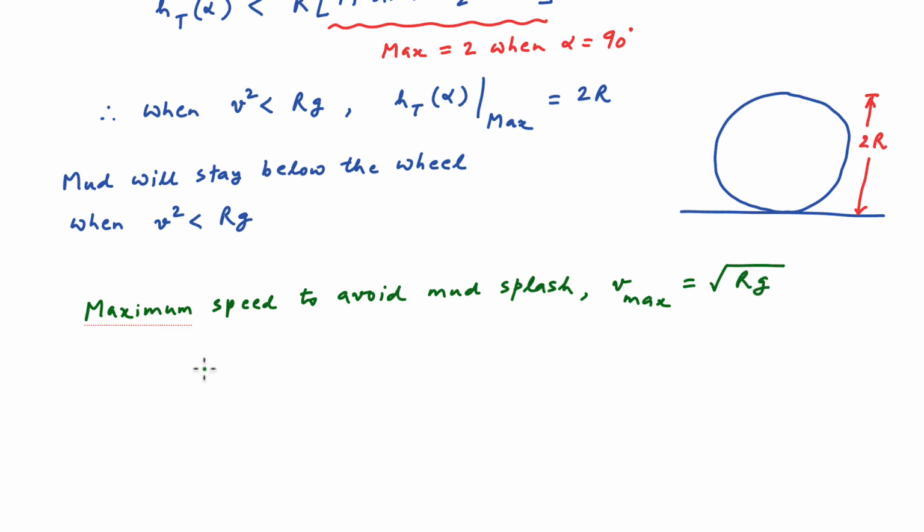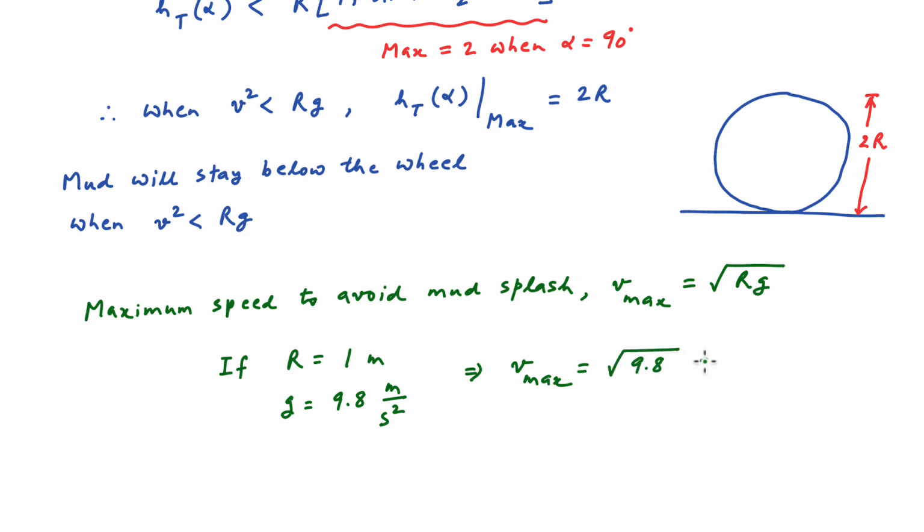So, if the radius of the carriage wheel is equal to 1 meter and gravity is equal to 9.8 meters per second square, we get V max equal to the square root of 9.8, which is equal to 3.1 meters per second.